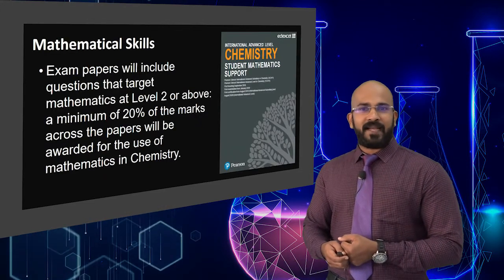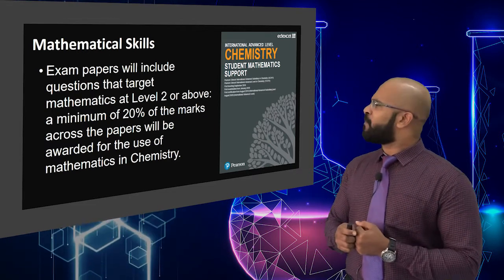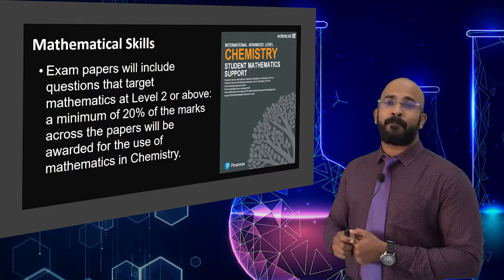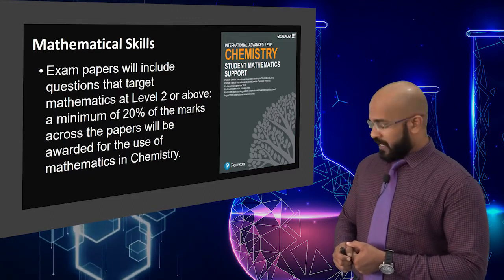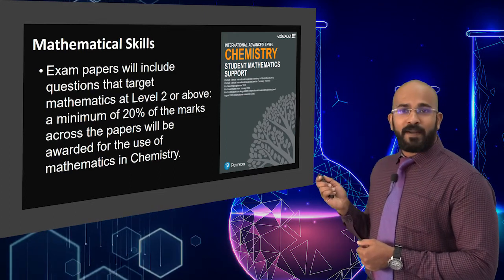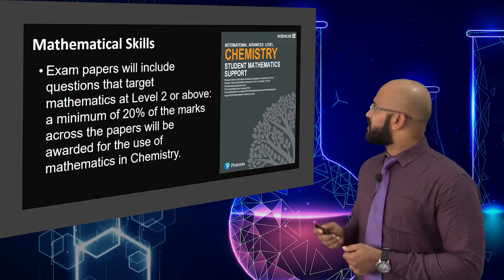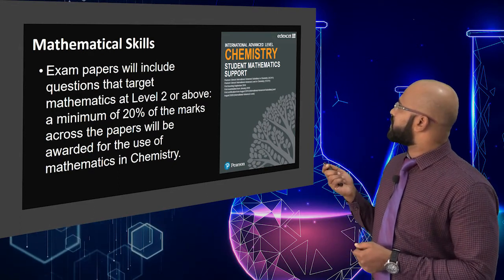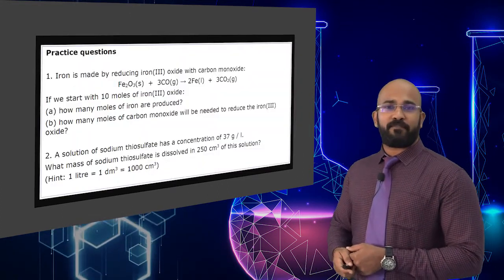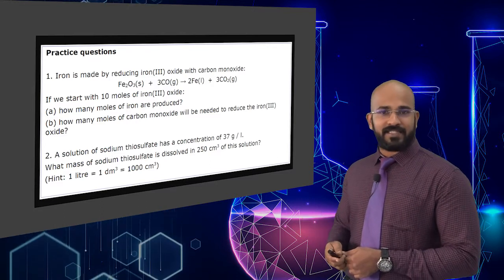Talking about mathematical skills, in A-level chemistry, a minimum of 20% of the marks targets mathematical skills. There is an additional document in order to practice and develop mathematical skills, which is the student mathematics support. There will be a lot of practice questions in the student mathematical support.